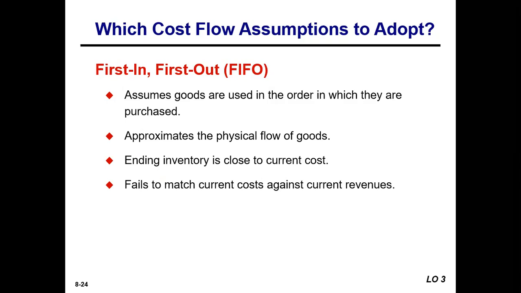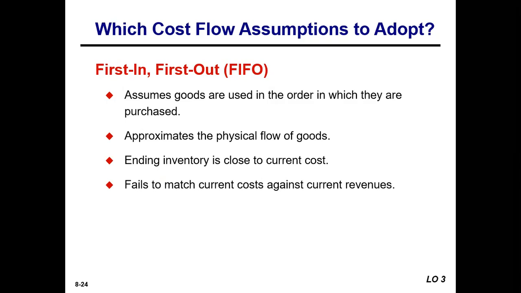And, again, when we are looking at this, we're calculating ending inventory and cost of goods sold. The reason why it says it fails to match current cost against current revenues is because we're selling the older goods first, so the cost could have been incurred in a different accounting period than when we finally sell the good and the revenue comes in.